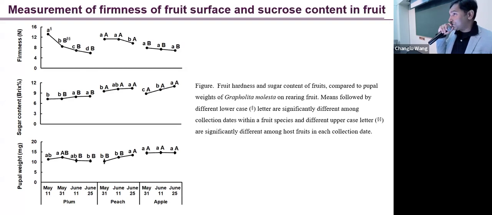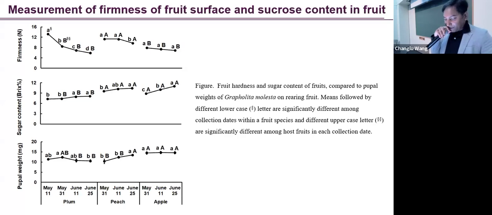But no, it goes down. There's another interesting thing. It's not true that the OFM can easily get the nutrition and everything. They need a certain amount of firmness and sugar content.